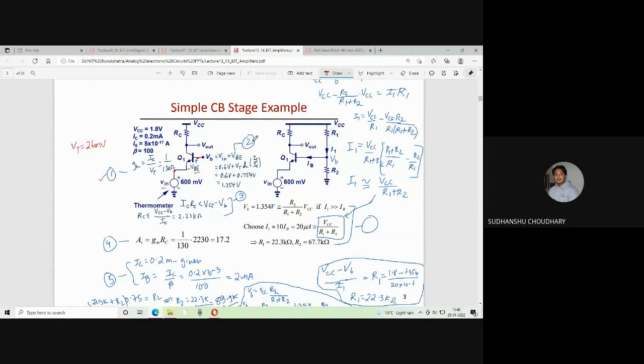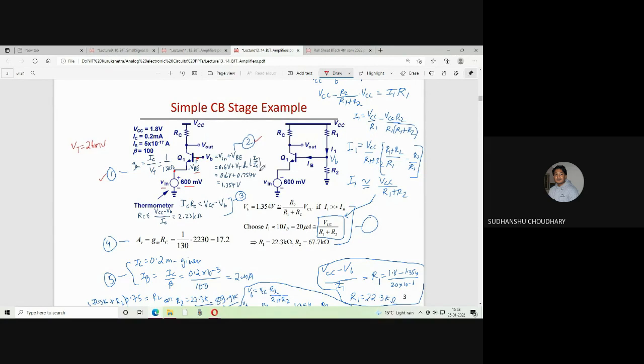So equation 2 can be written, that is VB is Vin plus VBE. Now Vin is also given to me: this is 0.6 volts or 600 millivolts.